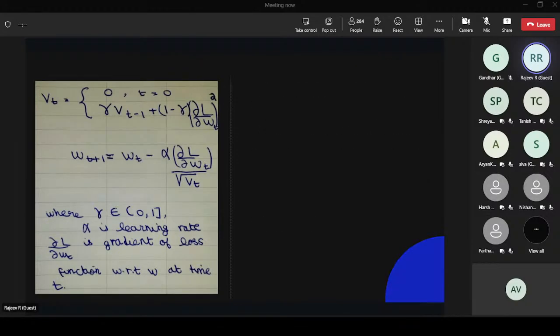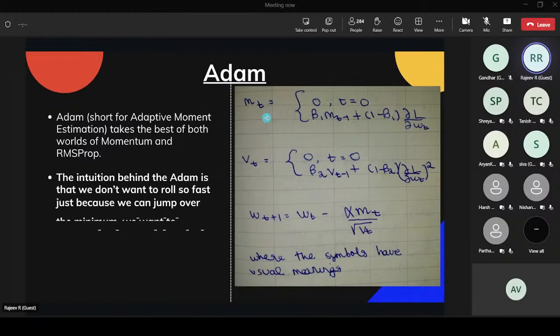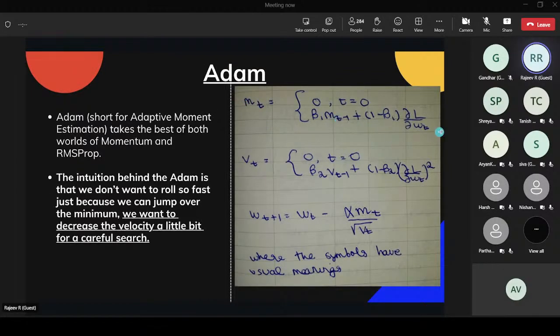And this is the decayed sum of gradient squared, that is RMS prop. So I hope you can agree that m of t is nothing but the decayed sum of gradients, because it is a very similar formula to momentum.